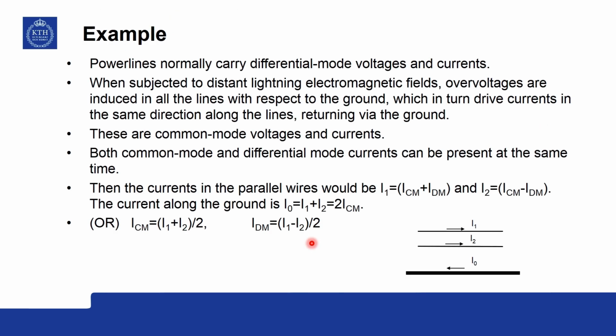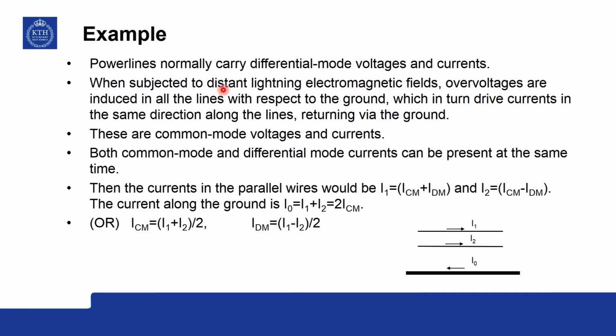For example, power lines normally carry differential mode voltages and currents. When subjected to distant lightning electromagnetic fields, voltages are induced in all the lines with respect to the ground. This in turn drives currents in the same direction along the lines, returning via the ground.